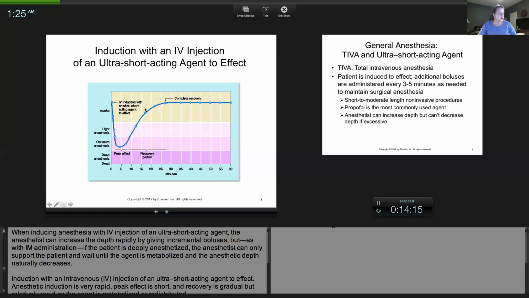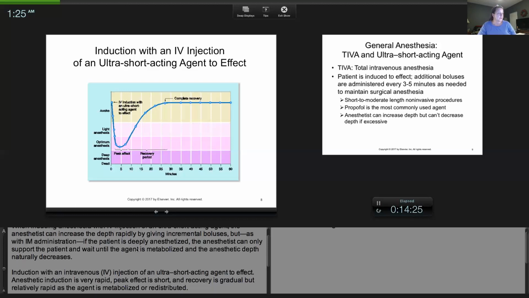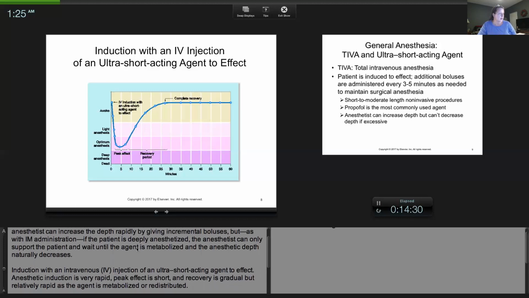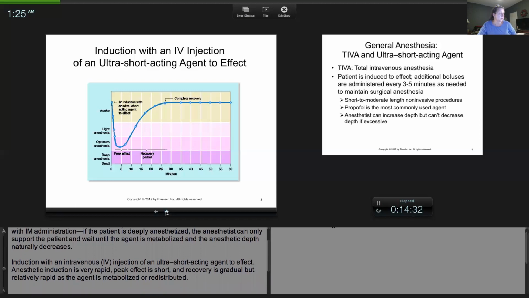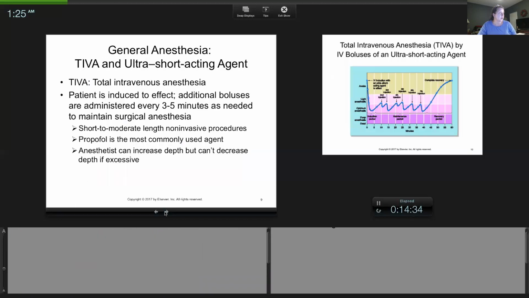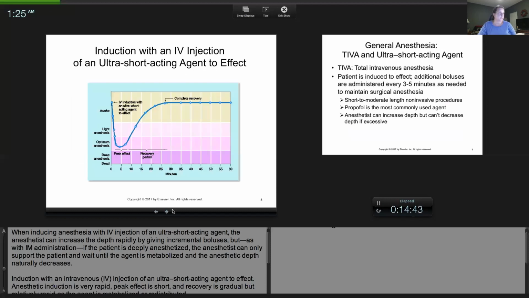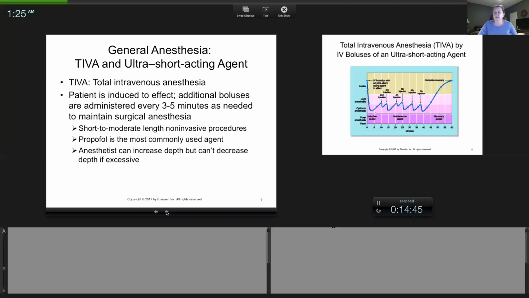Now this chart is showing you 1 injection with no inhalant. You give it, 10 minutes, they're awake. And again, this is like little boluses here and there, titrate to effect. Now, there is something, so that was intravenous injection. But today you want to keep them asleep.